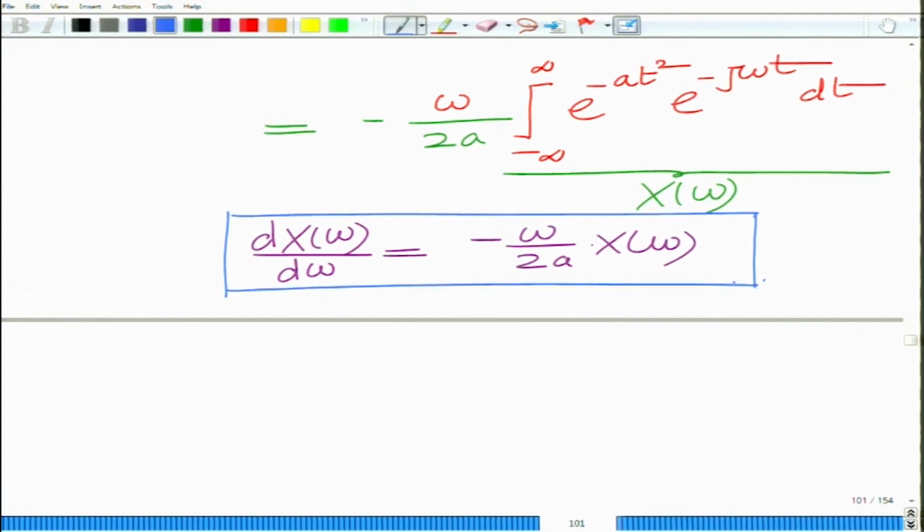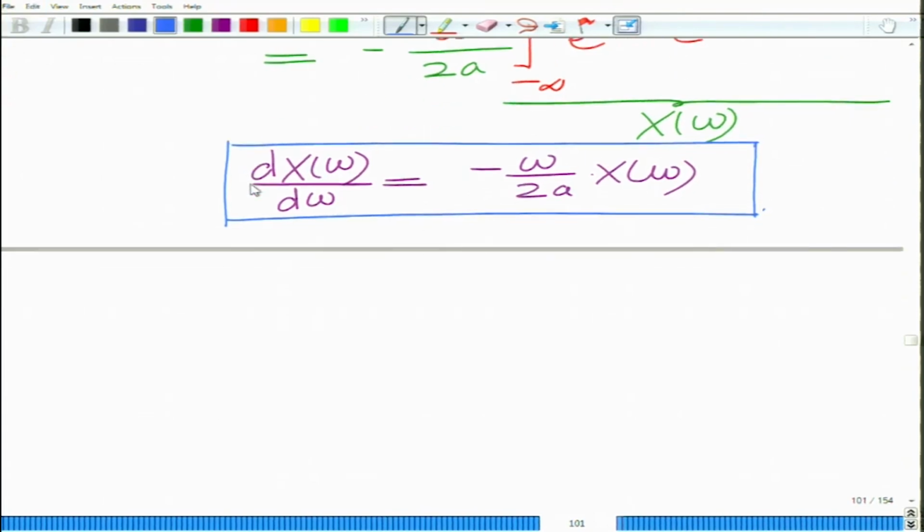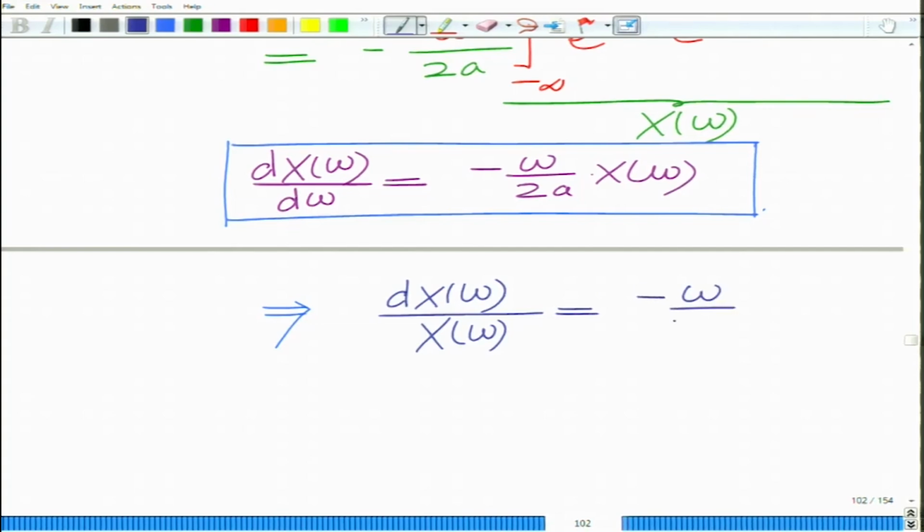So, that is the first thing that we have, which implies that if you take dX omega, now you treat this as a differential equation, dX omega by X omega equals minus omega by 2a d omega.